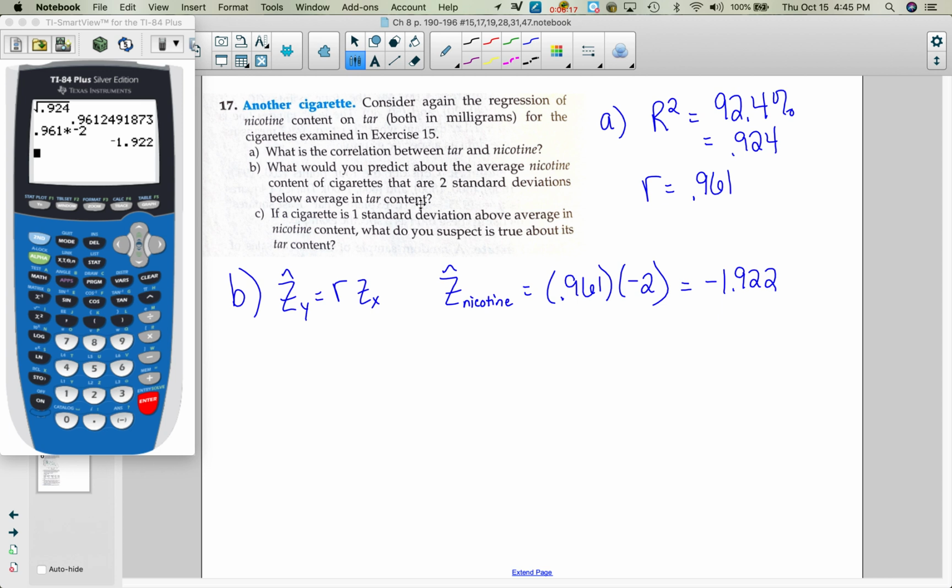So we would expect it to be about 1.922 standard deviations below average in nicotine content.